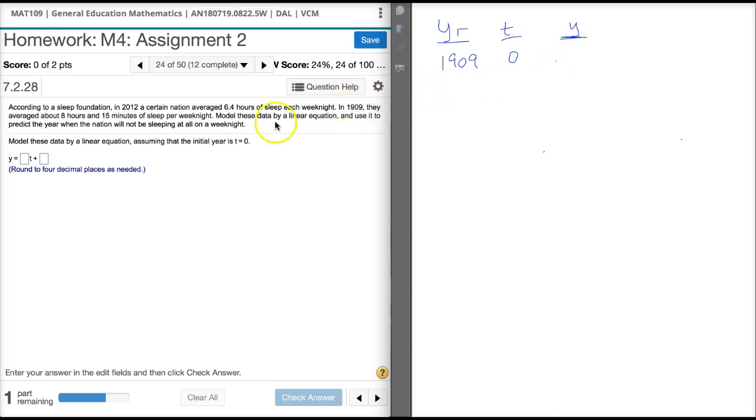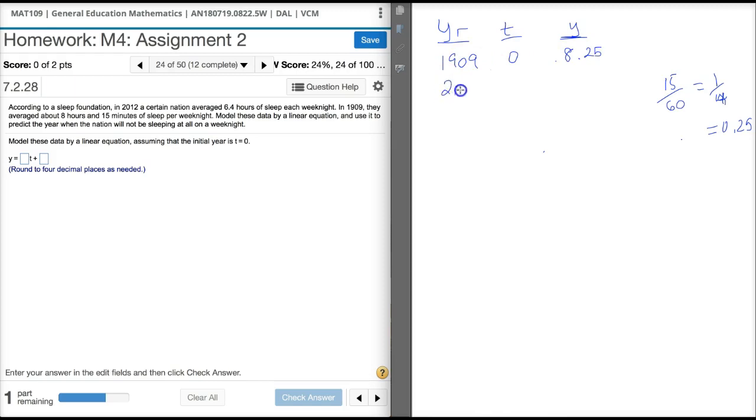In 1909, they averaged 8 hours and 15 minutes. 15 minutes is 1/4 of an hour, because we have 60 minutes in the hour. 15 divided by 60 is 1/4, which is 0.25. So that's 8.25 in decimal.